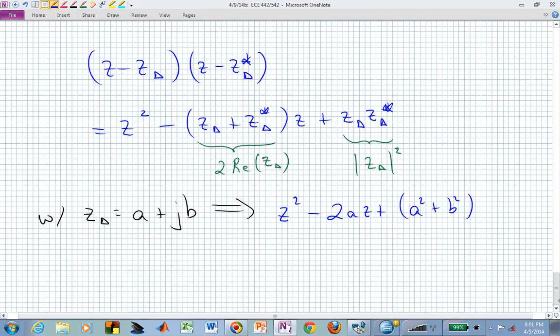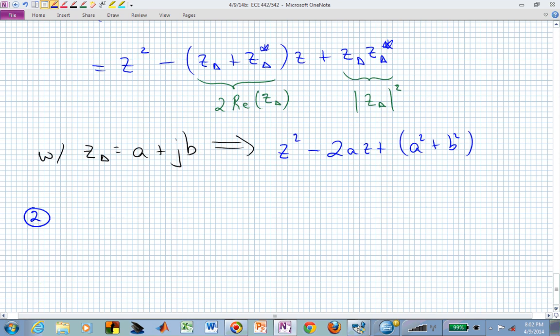We can identify that if we have labeled those points, Z delta, to occur at A plus JB, then they will give rise to a characteristic polynomial of z squared minus 2az plus the magnitude of that complex number squared.